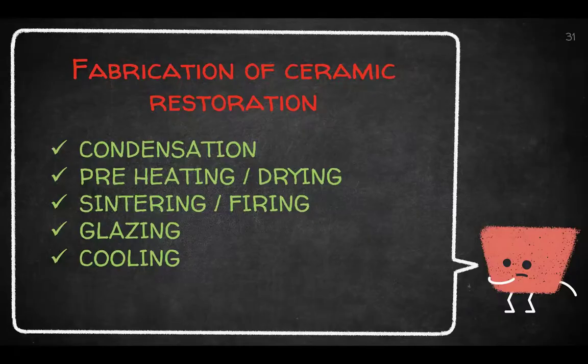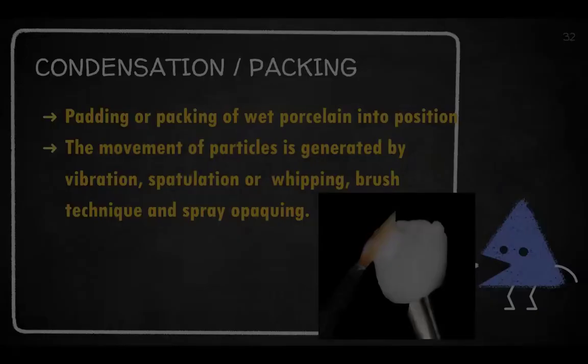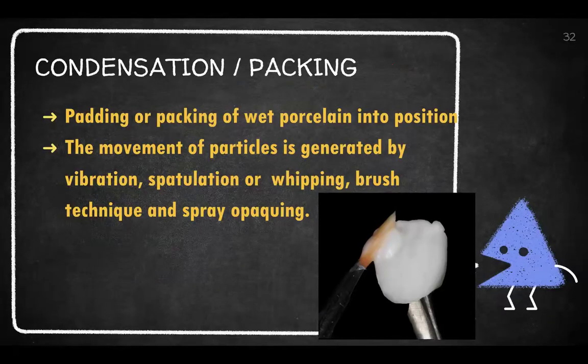So these are the ways ceramic restoration is made: by condensation, preheating, sintering, glazing, and cooling. All this will be elaborately dealt with in that particular topic. My topic actually comes to strengthening of ceramics. So I'll be just brushing through it, because only once you get this point, I can go to my topic proper.